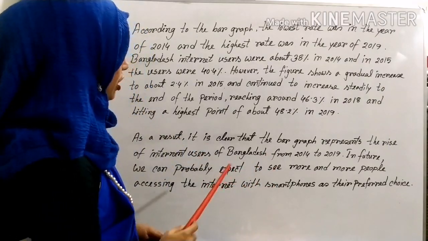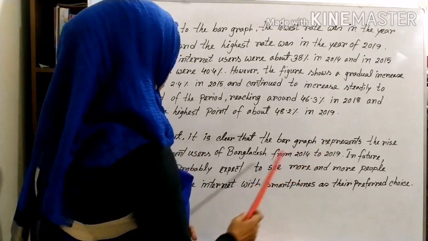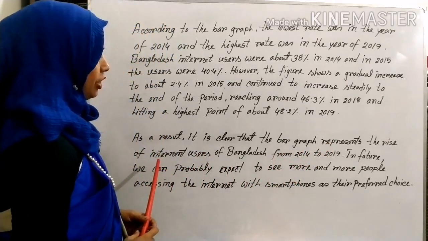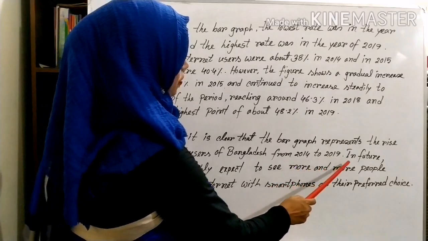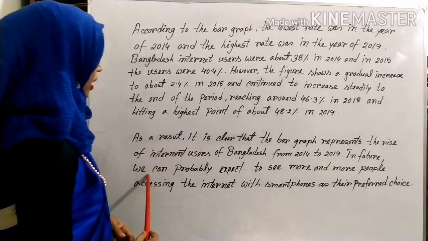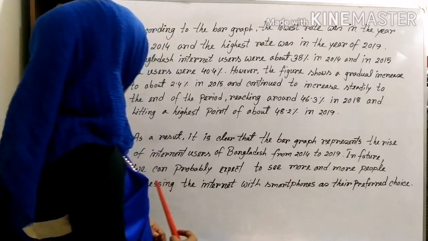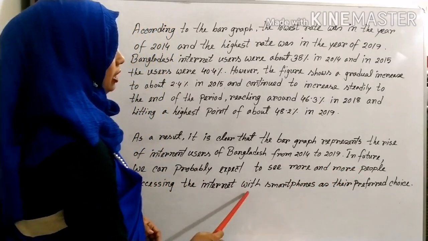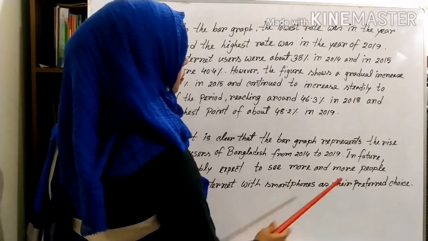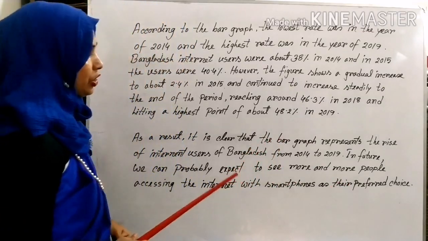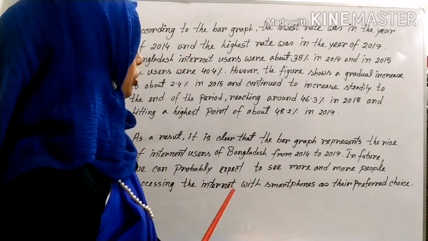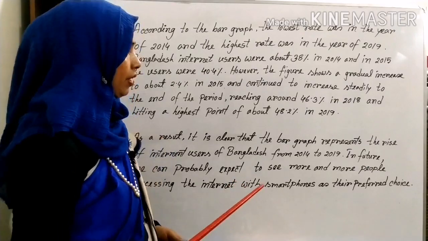Okay, for this reason, I have written the sentence. Here you can write this type of sentence: in future, we can probably expect to see more and more people accessing the internet with smartphones as their preferred choice. In this way, you can finish your concluding part.